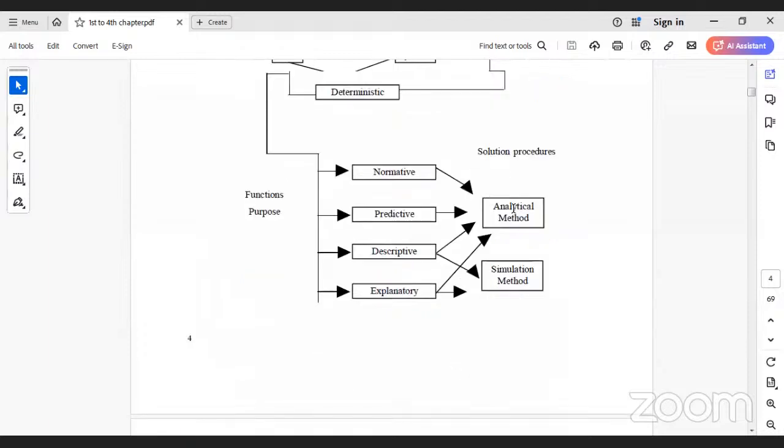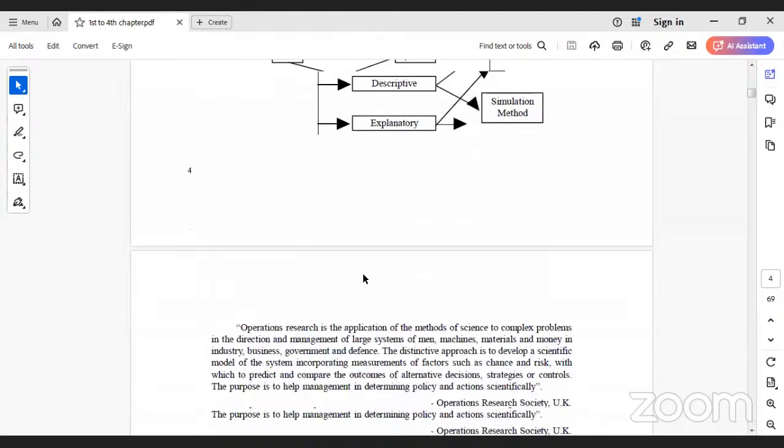Descriptive is the analytical method and simulation method.